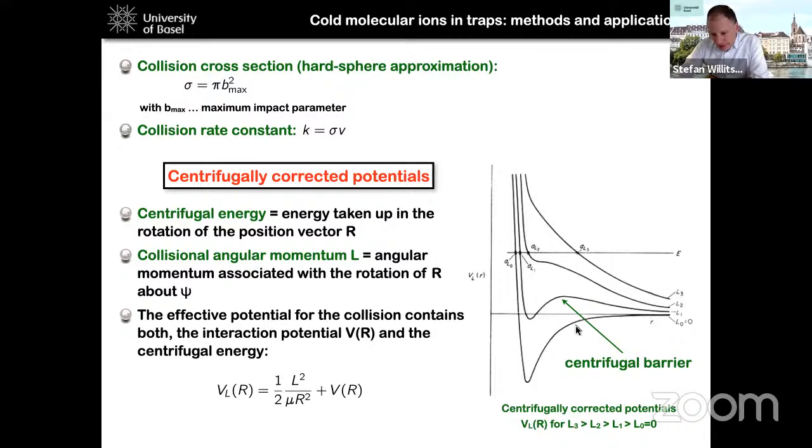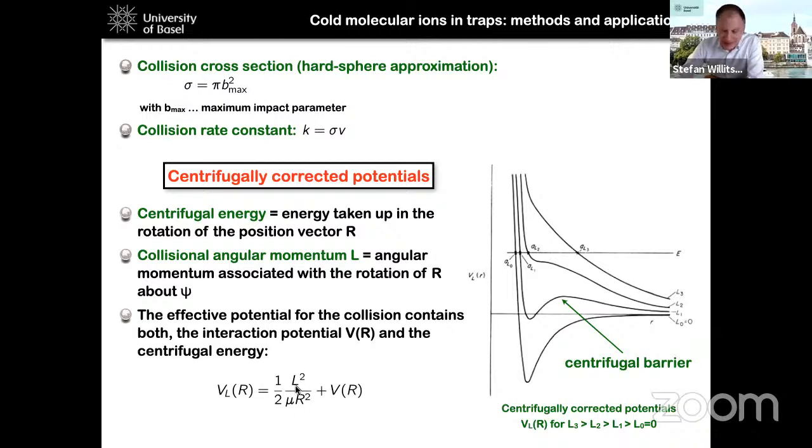They have an attractive part, which is usually long range. And if the particles come too close together, then there is a repulsive part, which stems qualitatively from the repulsion of the electron clouds around the particles when they come too close together. So we have attractive and repulsive parts in the interaction potential.